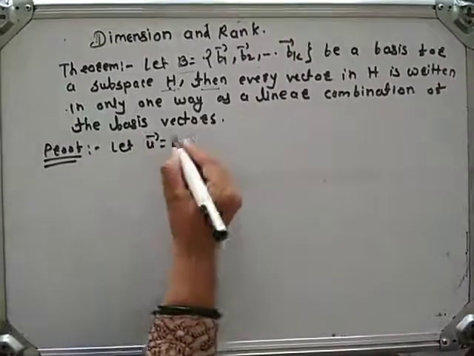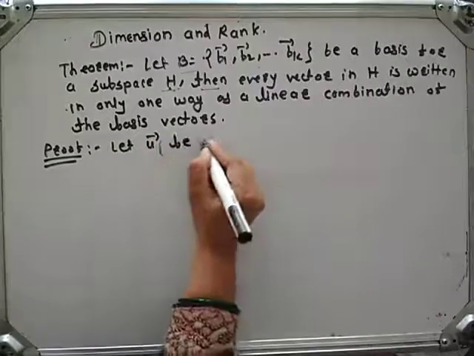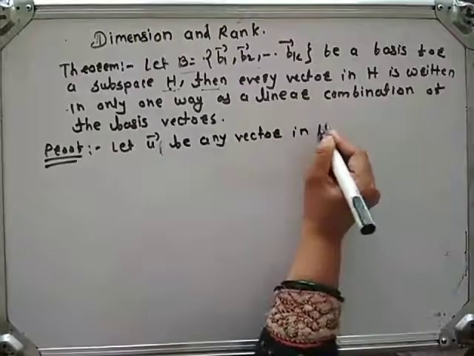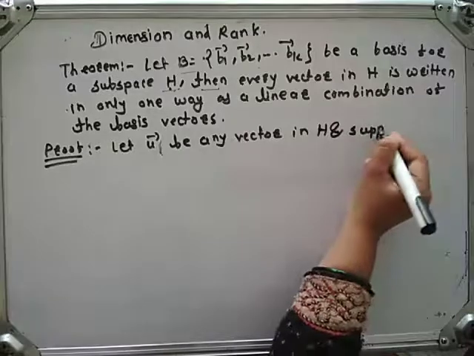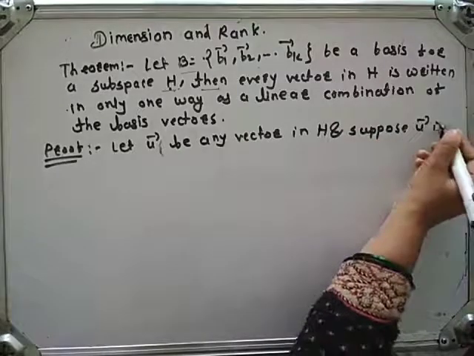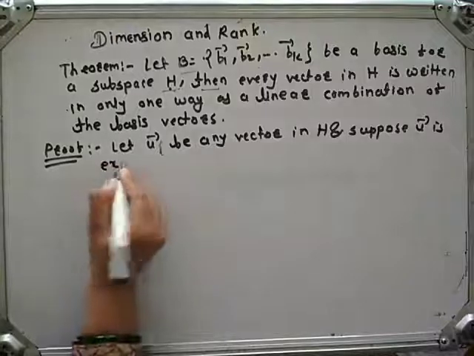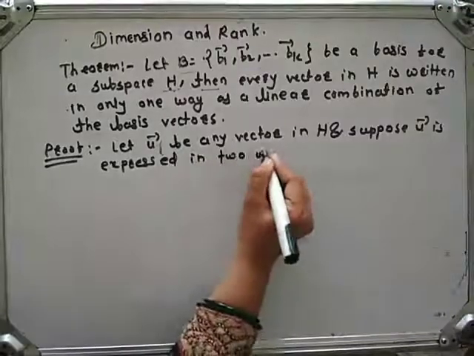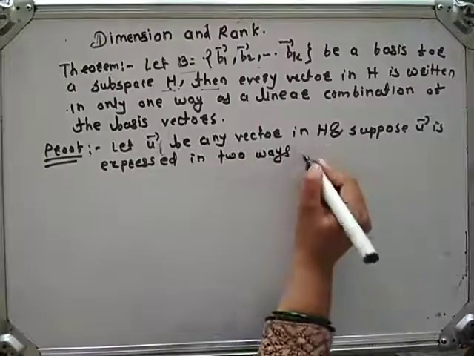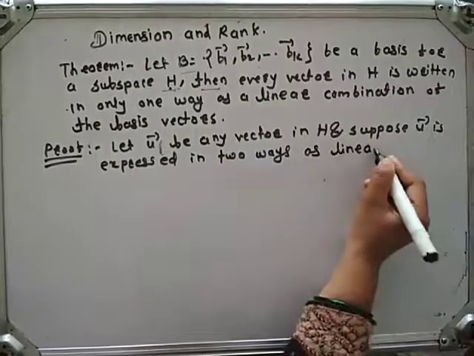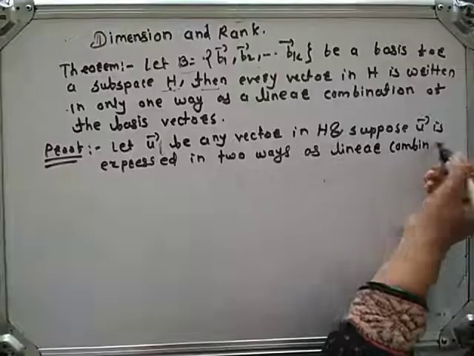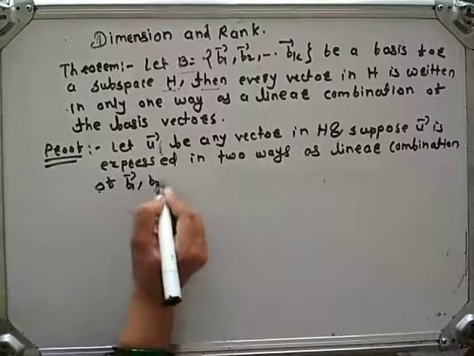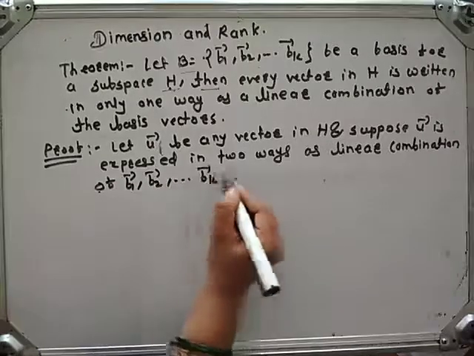Let U bar be any vector in H and suppose U bar is expressed in two ways as a linear combination of B1 bar, B2 bar and so on up to Bk bar.